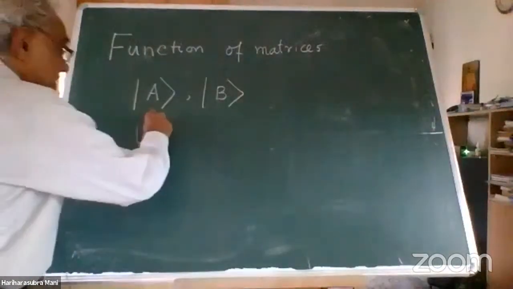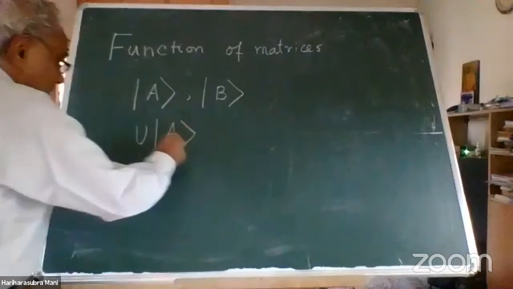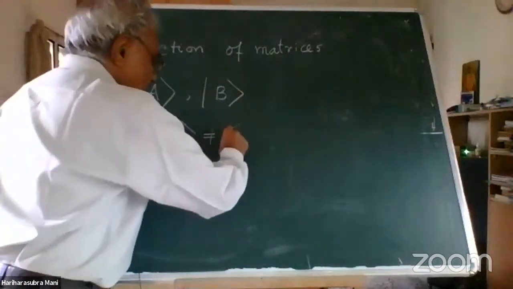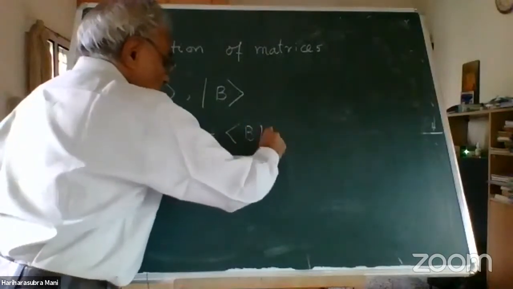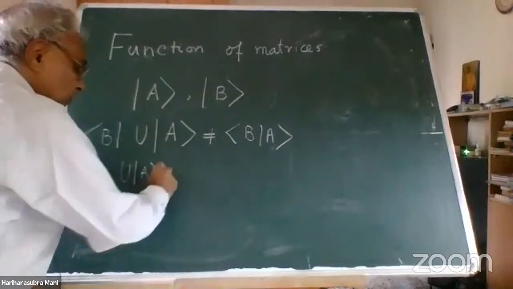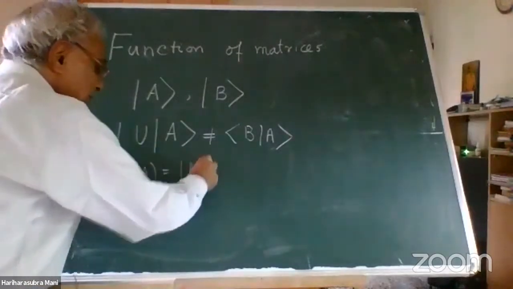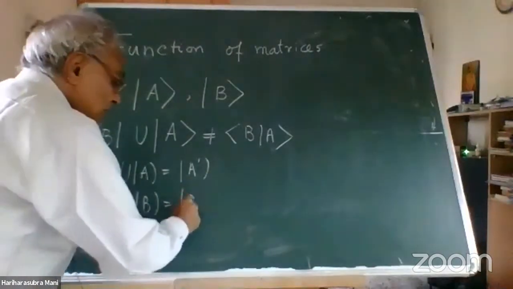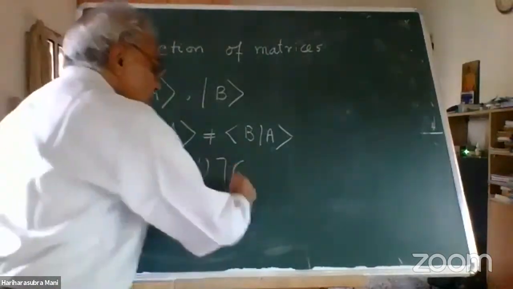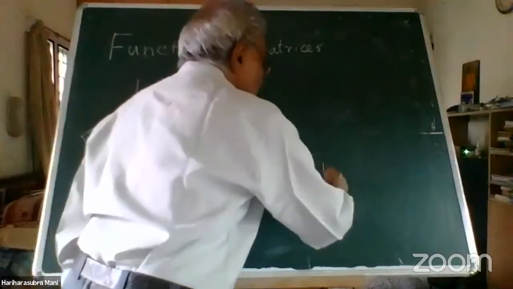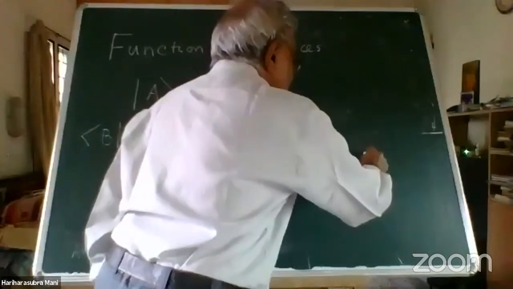No, if I write U A, B, this is not equal to A, B. What is equal is this: if U A is A prime, and U B is B prime, then the scalar product of B and A is equal to that of B prime and A prime.